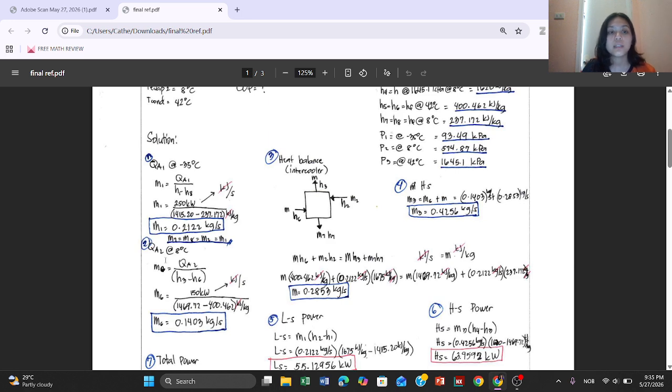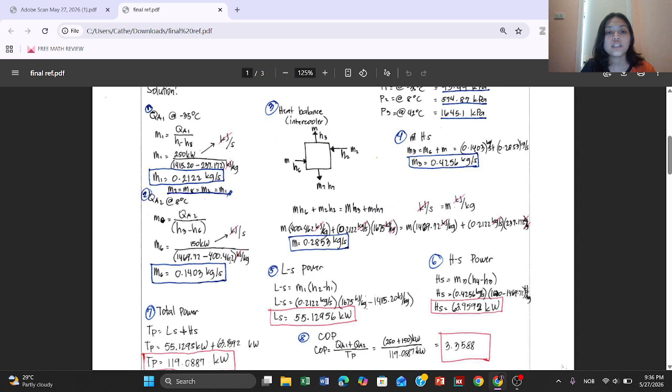So the formula will be mass flow rate at point 6 is equal to QA2 over H3 minus H6. Substituting, we have 150 kilowatts, or kilojoules per second, over 1469.72 minus 462 kilojoules per kilogram. Again, the kilojoules cancel, and we get the mass flow rate at point 6 of 0.1403 kilogram per second.